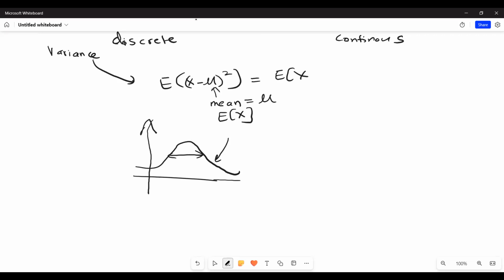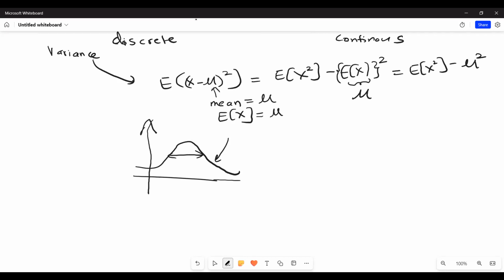It is also defined by this expression, E[x squared] minus (E[x]) squared. So what I'm saying is basically this is equal to E[x squared] minus mu squared. E[x] is mu, right?